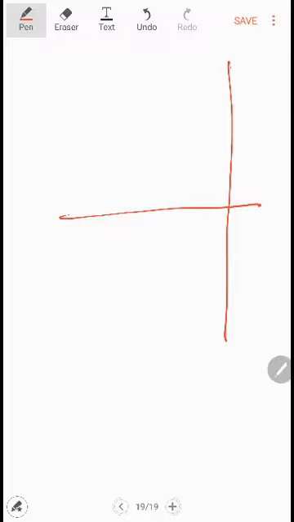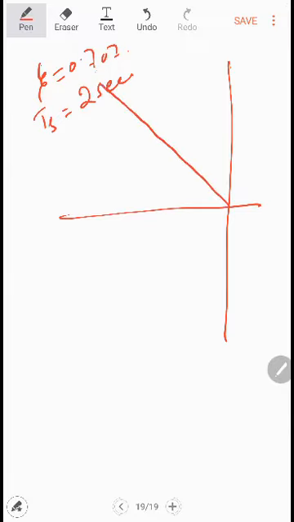In simple terms, if we have zeta equal to 0.707 and the time in this case is 2 seconds, how do we find the other performance parameters? We have to draw this zeta line, and since this is symmetrical, the other will be the same.